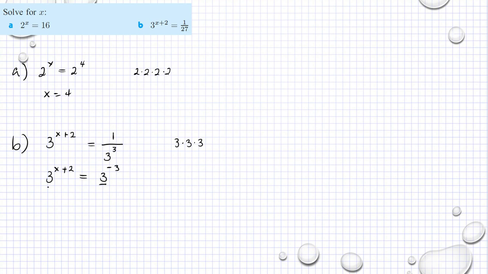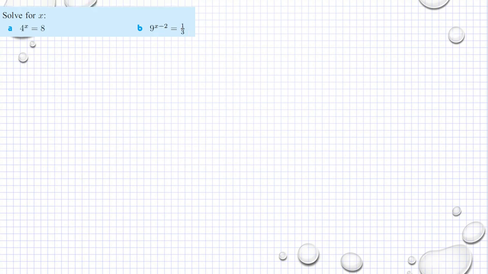Now we have the same base, so we can equate the exponents: x plus 2 is equal to negative 3. Subtracting 2, x is equal to negative 5. You can check if it's correct. 3 raised to negative 5 plus 2 should be 3 raised to negative 3. As you can see already, it is correct.